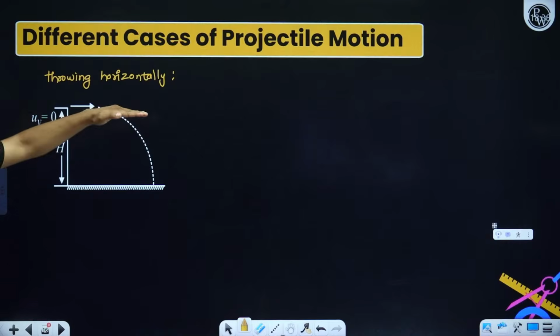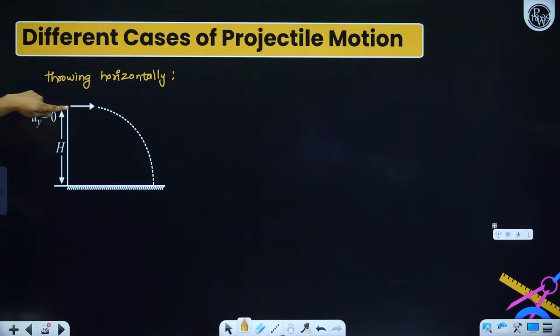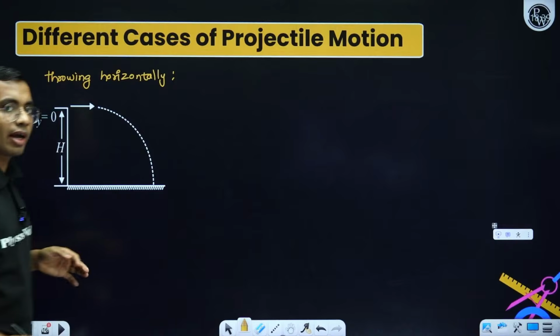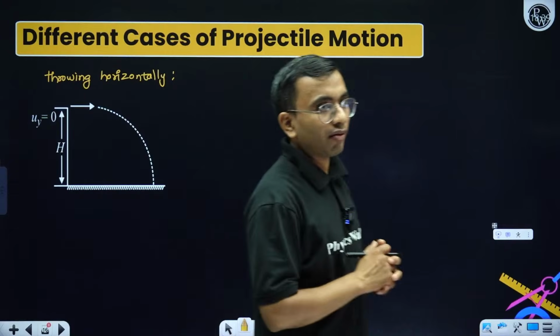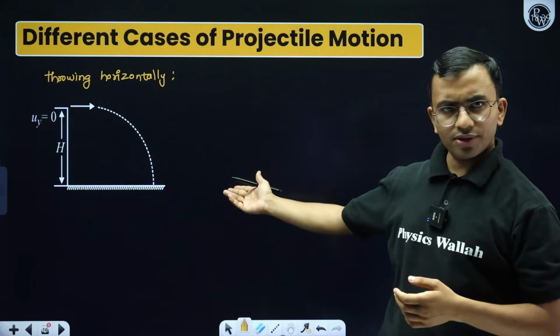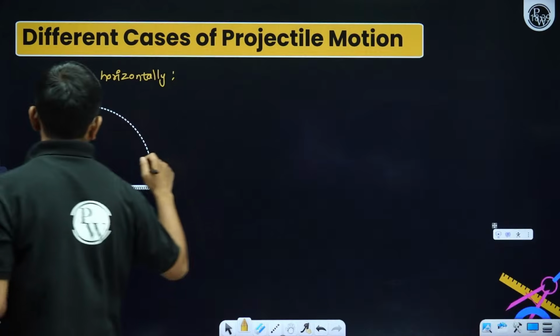This is your x-axis, this is the y-axis. Now the particle is only having velocity along x-axis initially. After some time it will gain velocity along y-axis with the time.